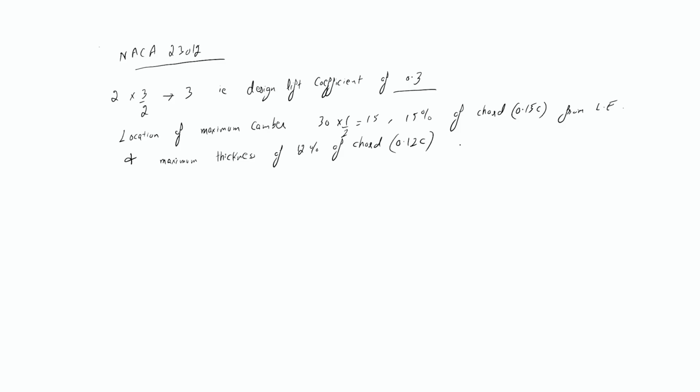So now we are done with the two series of airfoil, that is 4-digit series and then 5-digit series. We know exactly what each digit is actually representing. Now next comes the NACA 6-digit series.